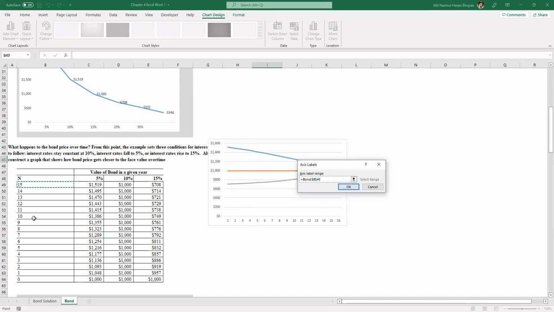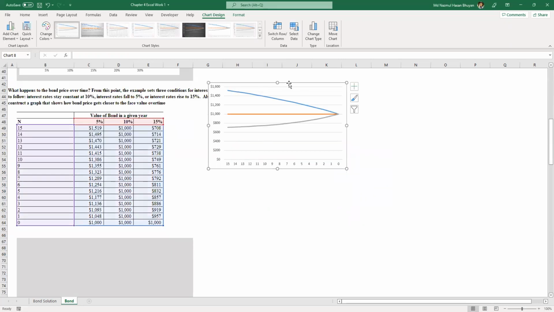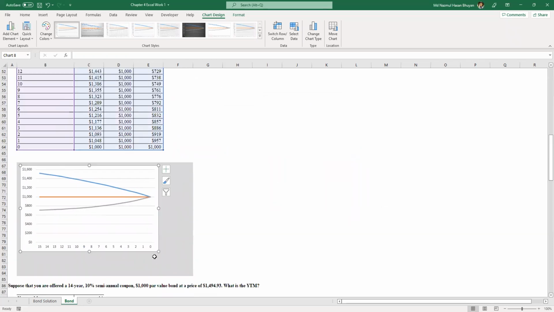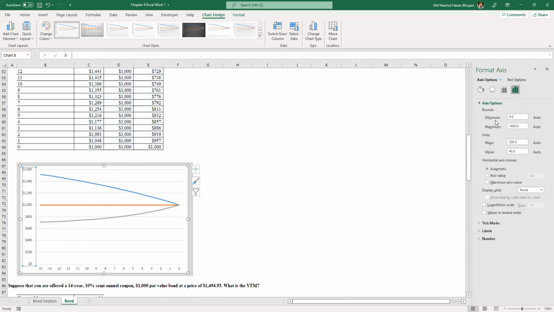Let us now put the value for the x-axis. All right. So here, format axis, let us make the minimum value equal to 600. Like here, let us start the x-axis from here.